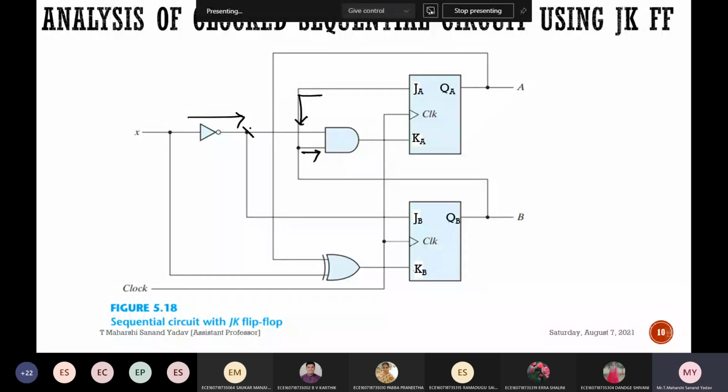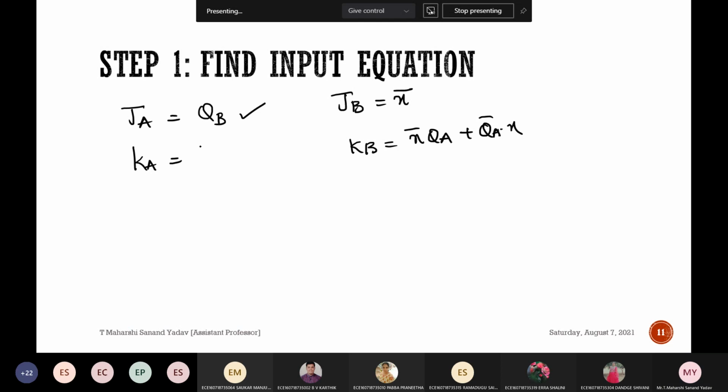This node is X bar, and from input JA it is connected here. Always while writing this type of equation, focus on the input; the line should come from the input. The output we get is X bar JA, which goes to KA. So KA can be written as X bar into JA.